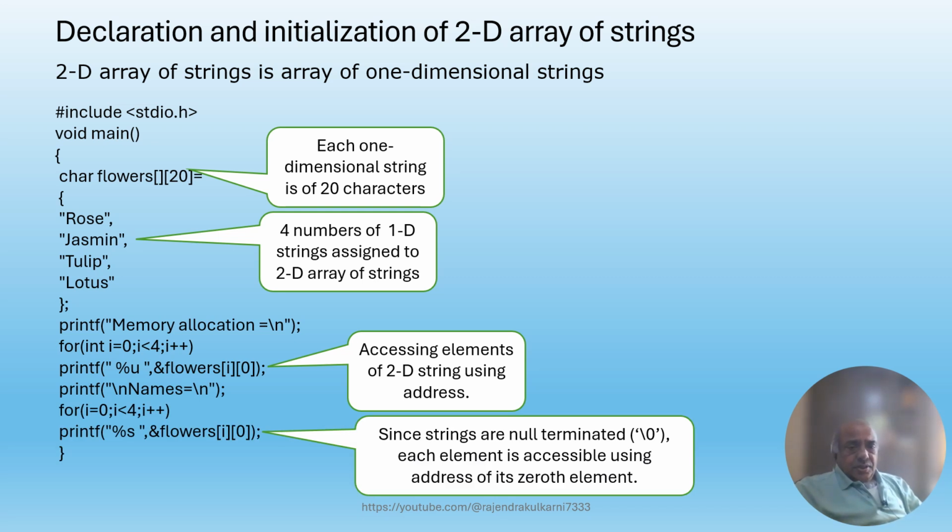By using printf with %s as the format specifier, flowers with first subscript i, second subscript 0, will give us the value of the strings, and this printf statement will display those strings on our monitor screen.